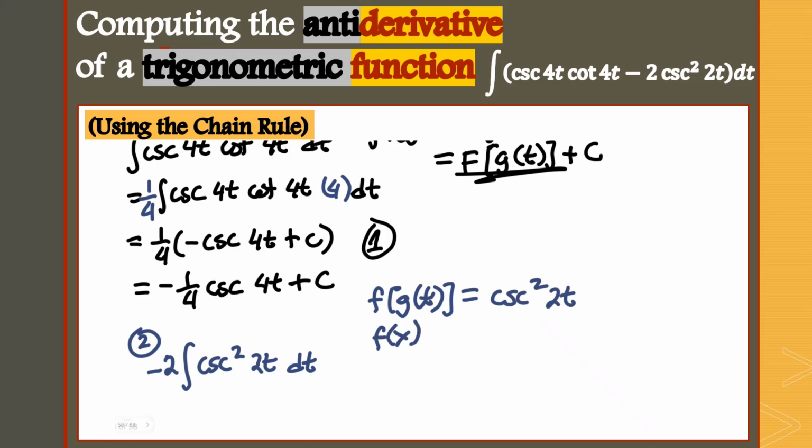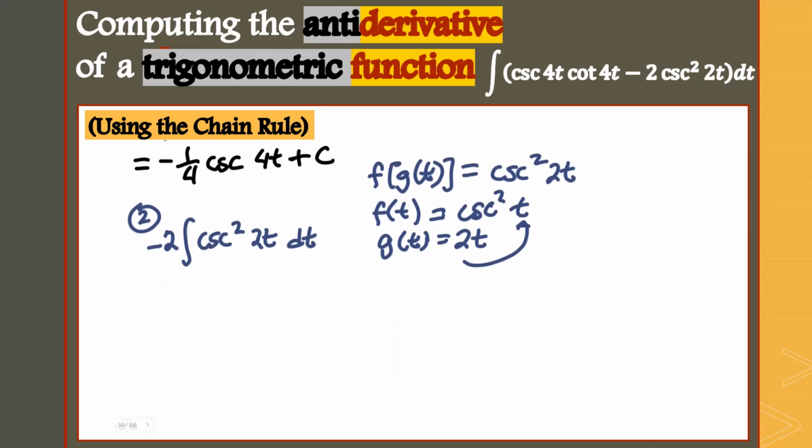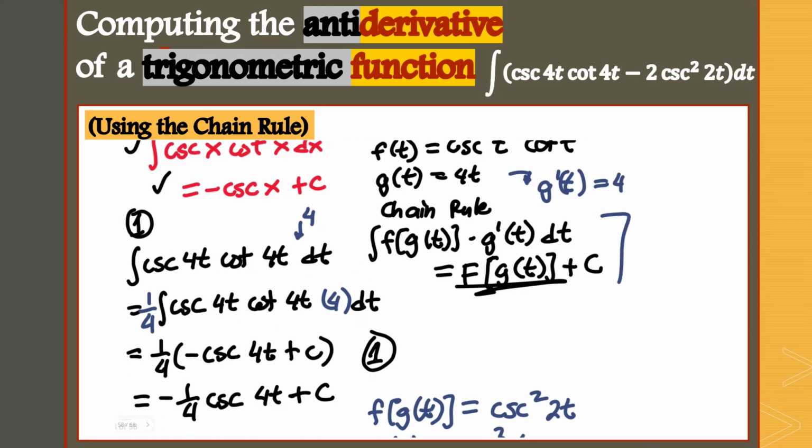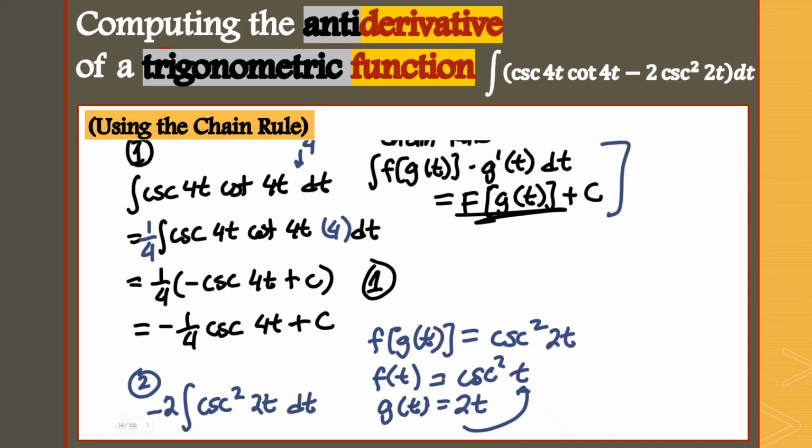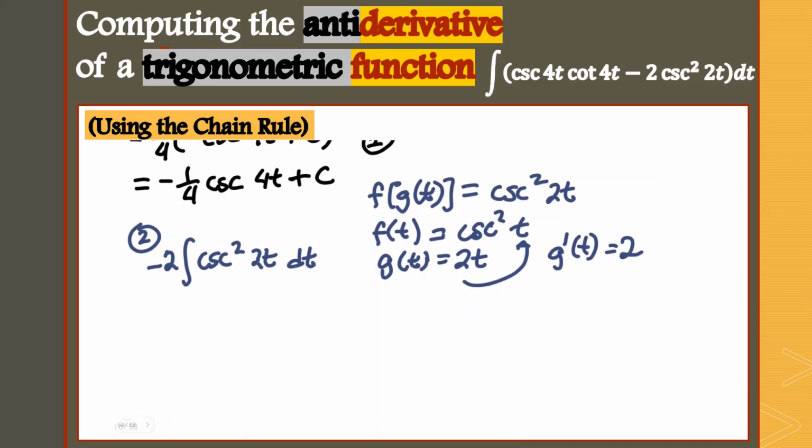That would mean our f of t is the square of cosecant t, and your g of t would be 2t, when this is the angle in itself. So the chain rule here would be the same, but we are going to identify again another g prime of t for the second, which would be equivalent to 2, the derivative of 2t. Okay, so we need to introduce 2 here.